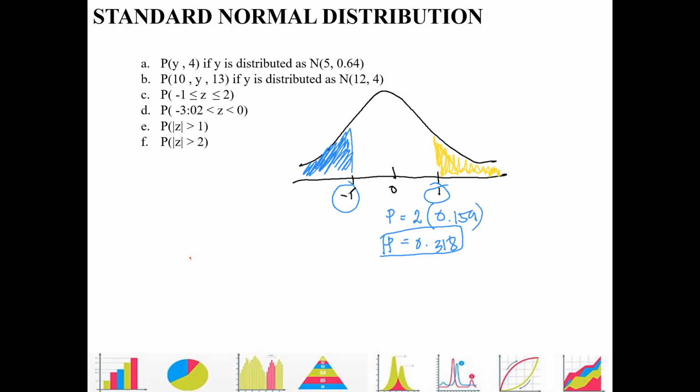So kung ito naman is gagawin mo 2, hanapin mo lang yung value ng 2. Which is, anong value ng 2 sa table? .023. Which is equal to 0.046.